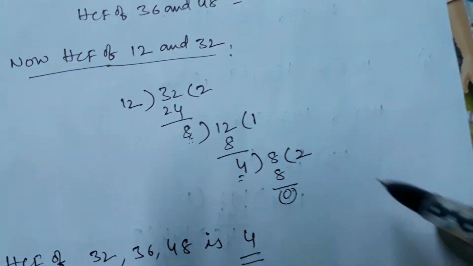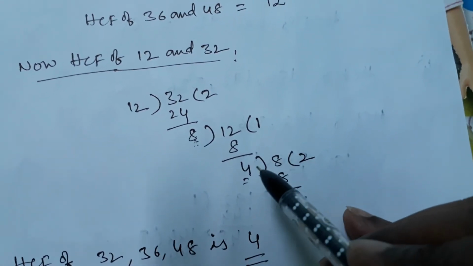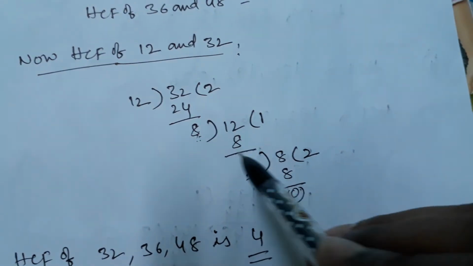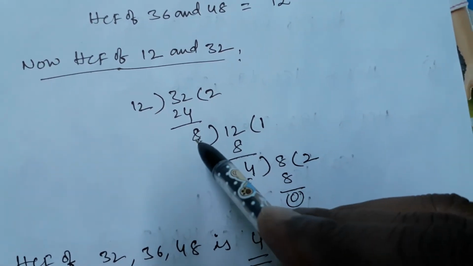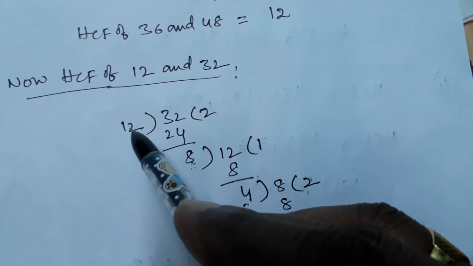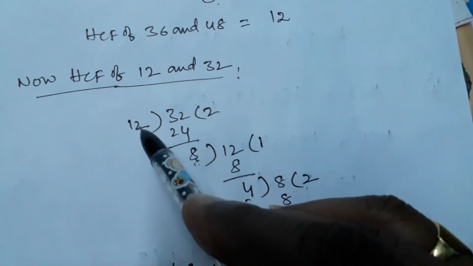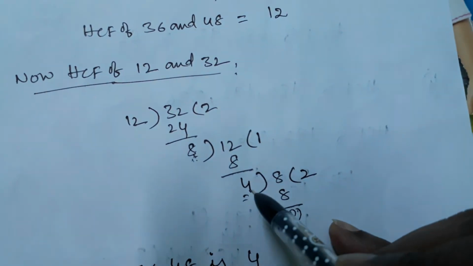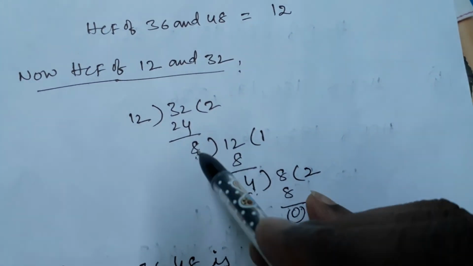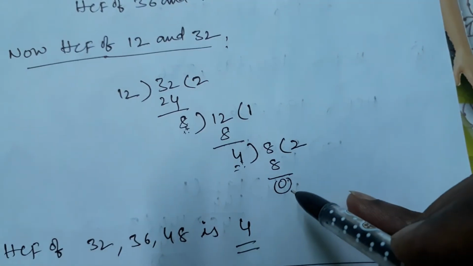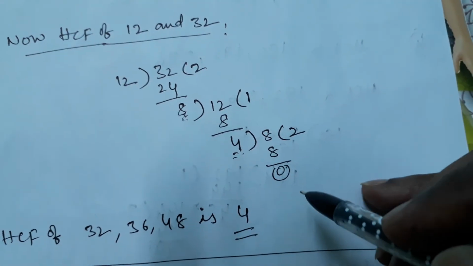This is a continuous process. With the remainder, divide the previous divisor, like that. Divide 12 by 8, you got remainder 4. With this remainder divide the previous divisor, and until you get a 0 remainder, go on doing this process.